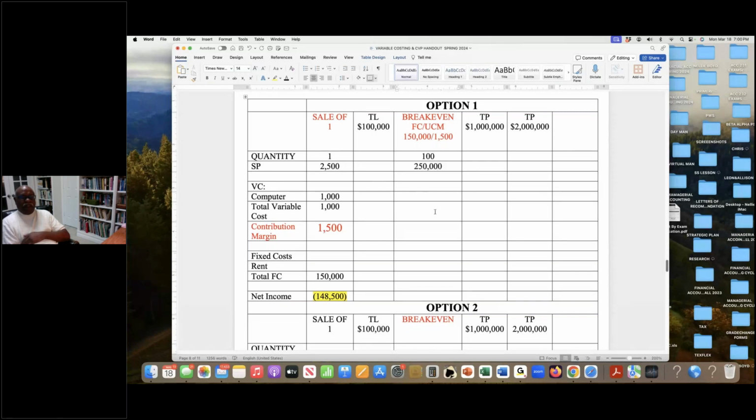We now have to multiply the variable cost, and that should give you 100,000. So our dollar contribution margin will be 150,000. Our fixed cost is 150,000, and so our net income is zero.